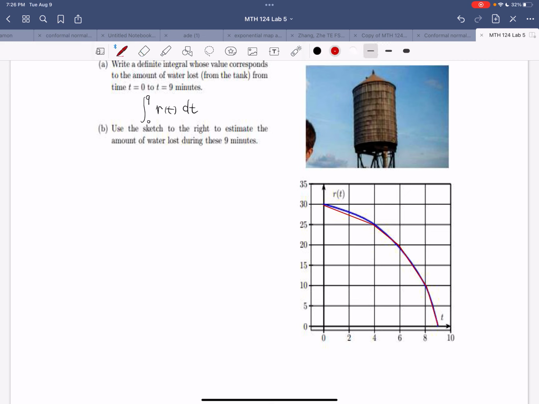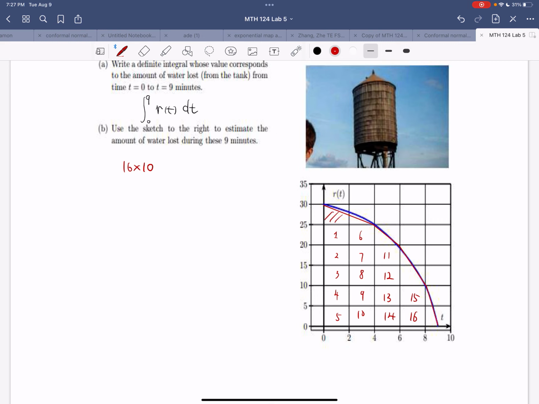So how many entire rectangles? 1, 2, 3, 4, 5, 6, 7, 8, 9, 10, 11, 12, 13, 14, 15, 16. So 16 times 10 for these entire rectangles.